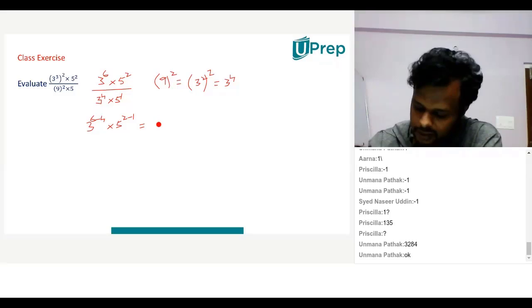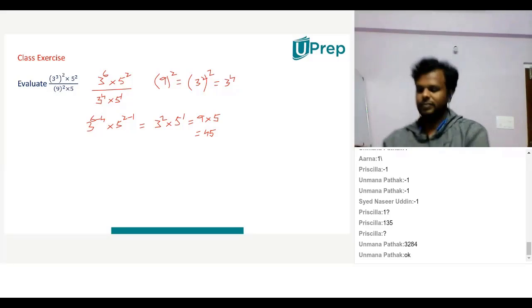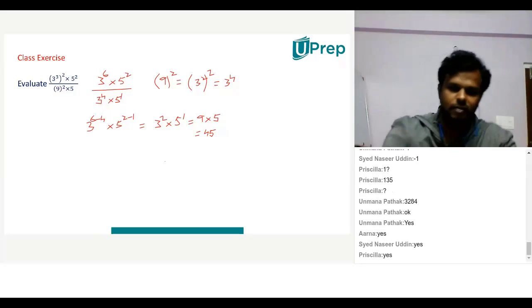So children, this becomes what? 3 square into 5 power 1. Let me write this clearly. So this is what? 3 square is 9 into 5 is equal to 45. This is equal to 45. Children, moving on.